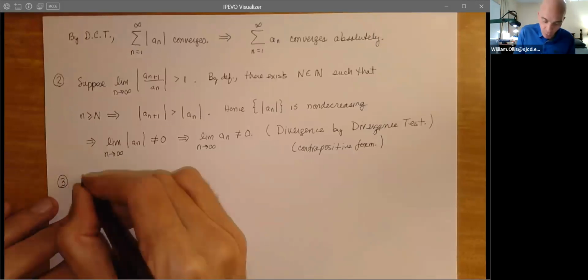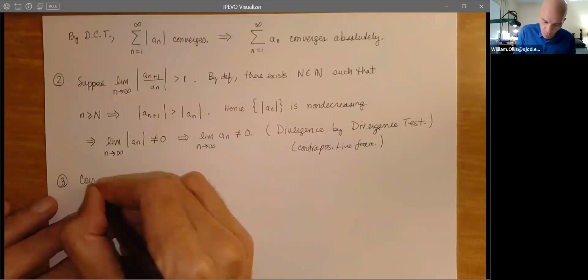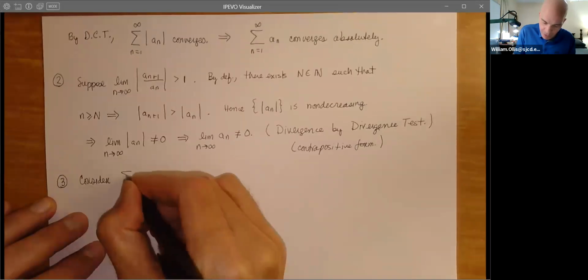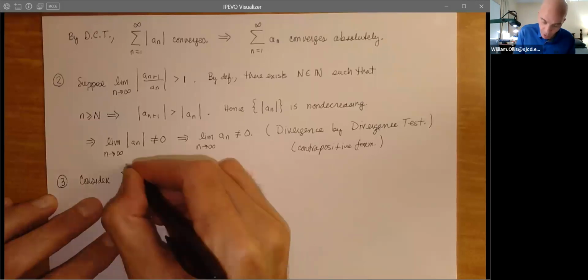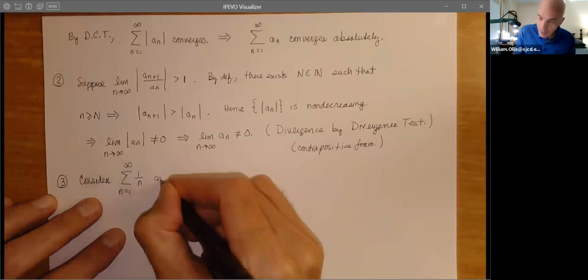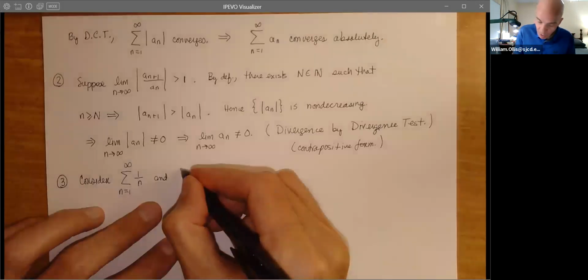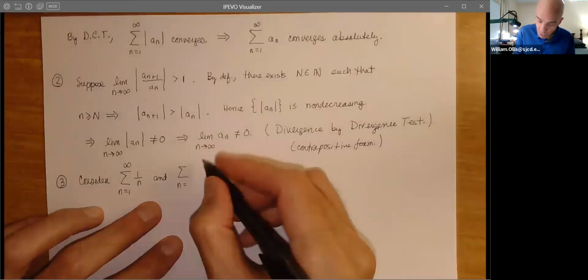So here was what we want to do, and I'll let you verify this. Consider these series. And I think what I picked here was one that you know very well, the harmonic series, and a convergent p series where p is equal to 2.